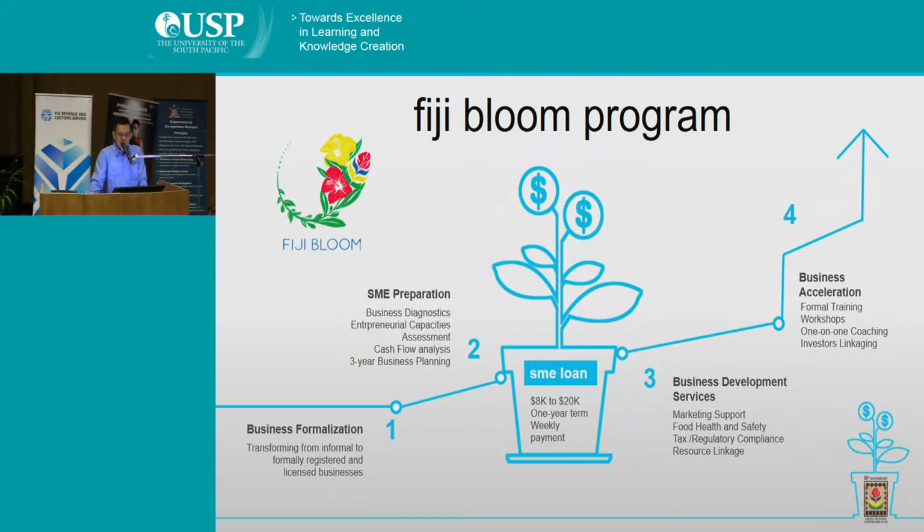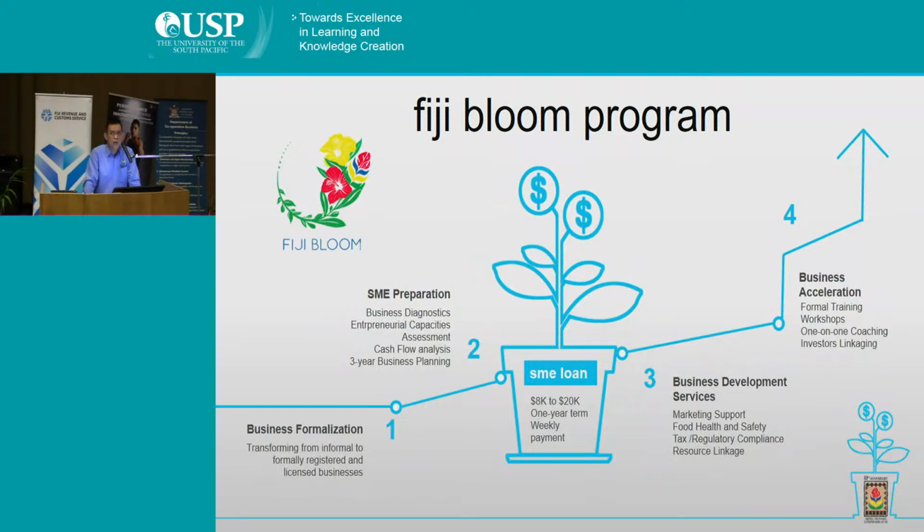Okay? And then the SME loan, which is from 8,000 to 20,000 with a 1-year term, and then of course it's still a weekly payment. Then we provide you also with business development services. You need some marketing support, food health and safety, tax compliance, like filing your annual tax returns.